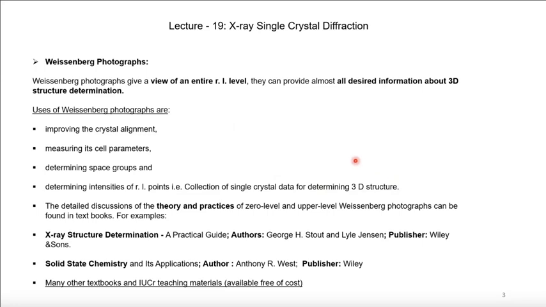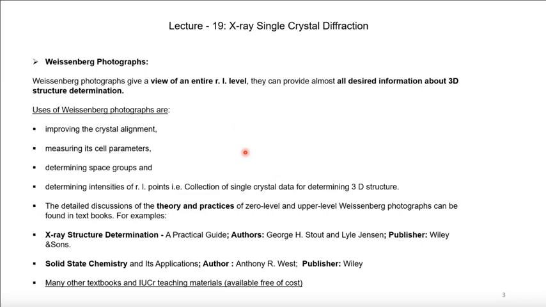One thing I have to specify here is that the theory and practice of photographic data collection is well discussed in many textbooks. I can suggest one or two textbooks, as I did at the beginning of the course.